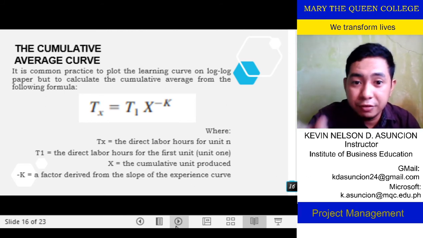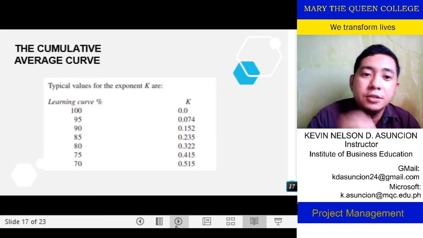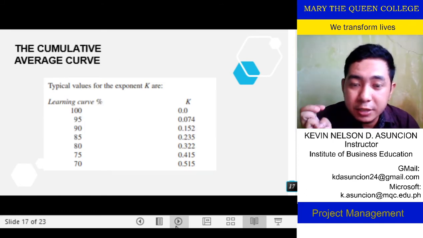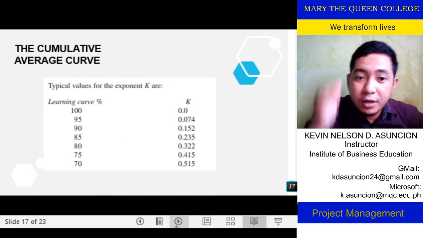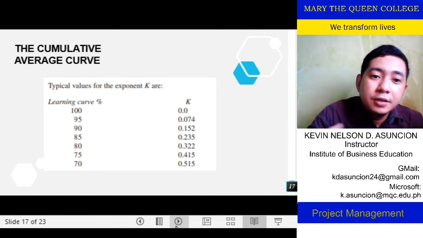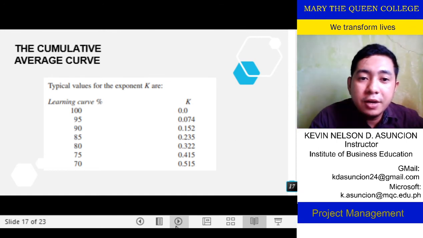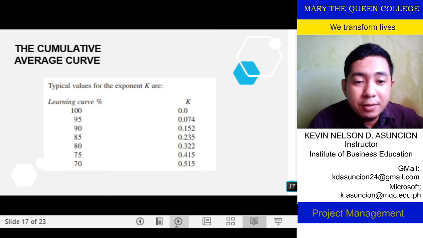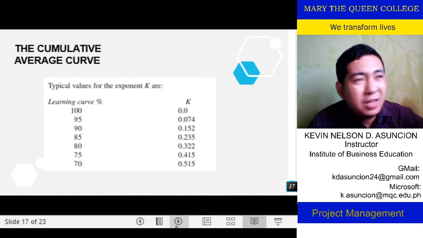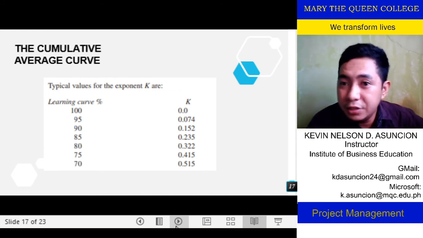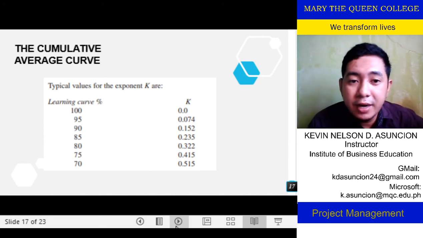There are substitute for this. Makikita niyo dito. Okay? So these are the typical values for exponents K, no? What are those exponent K? So learning curve, kung ang learning curve mo is 100%, no? That means it doesn't change any. So it's 100%.